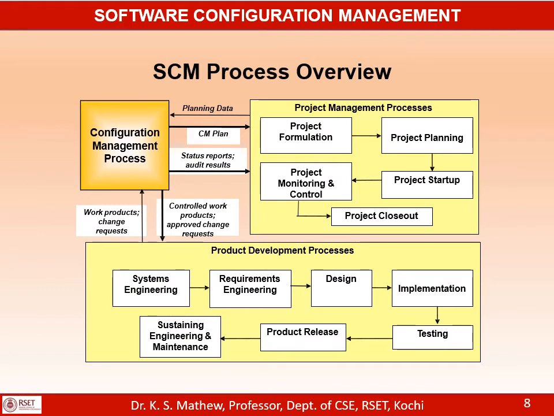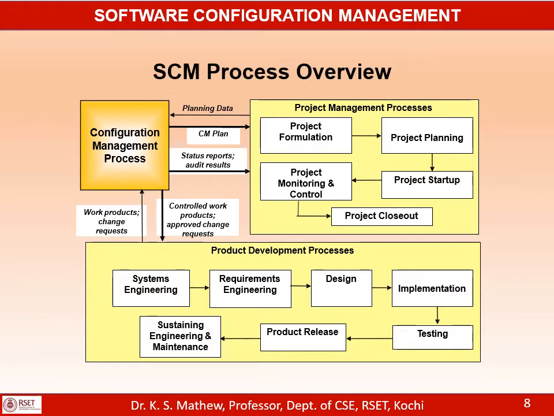So this is a block diagram representing the interfaces between the configuration management process and the overall project management process and the software development process or SDLC process. You can see the interfaces between the configuration management process and the project management process as well as SDLC, software development activities.